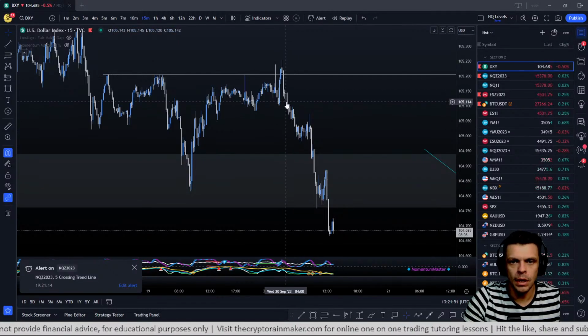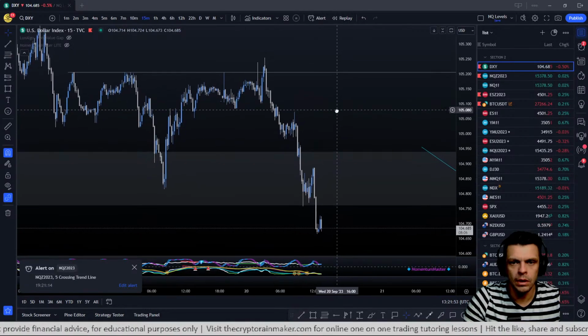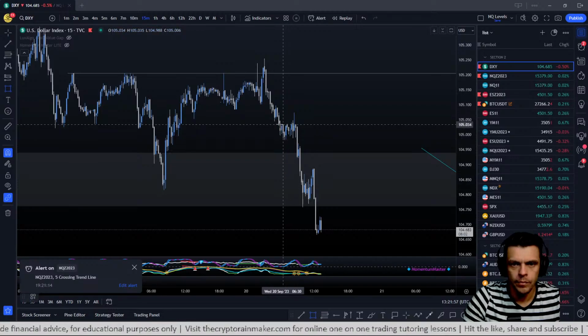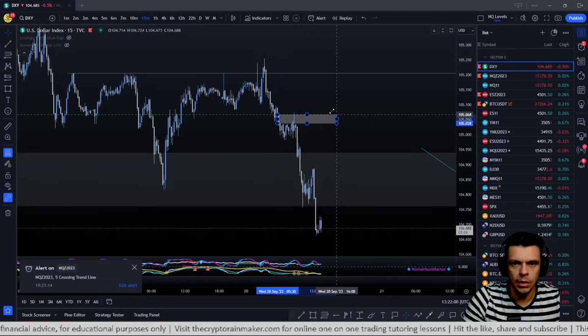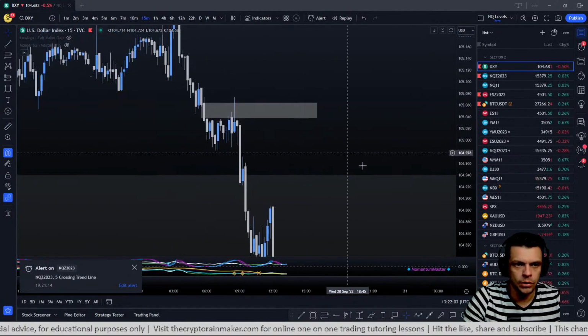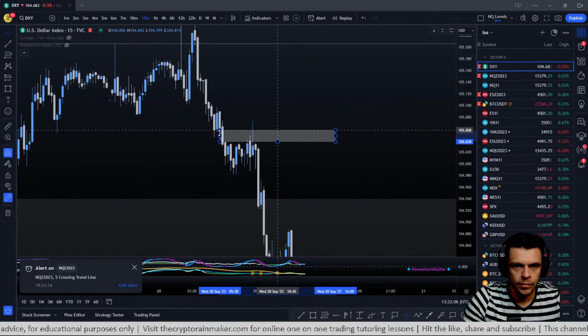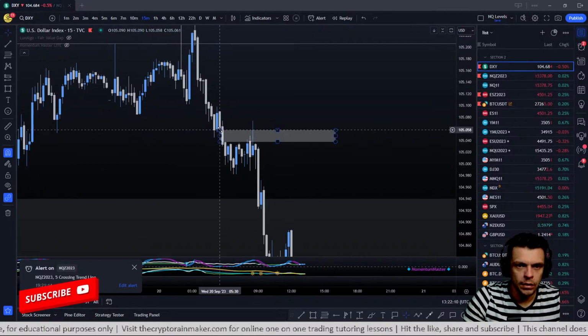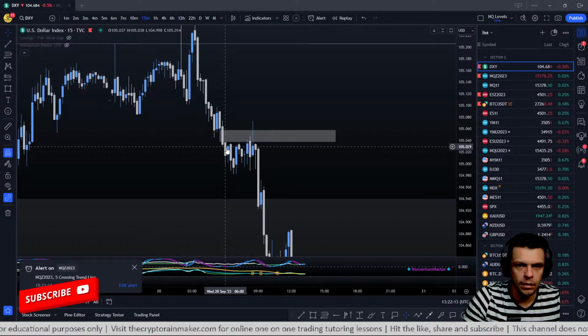There was a little imbalance right there. It never came back to this one. Created a low, displaced below that low, created the imbalance. So if we have a closer look at these three candles, there's no overlapping between the low of this candle and the high of that candle.